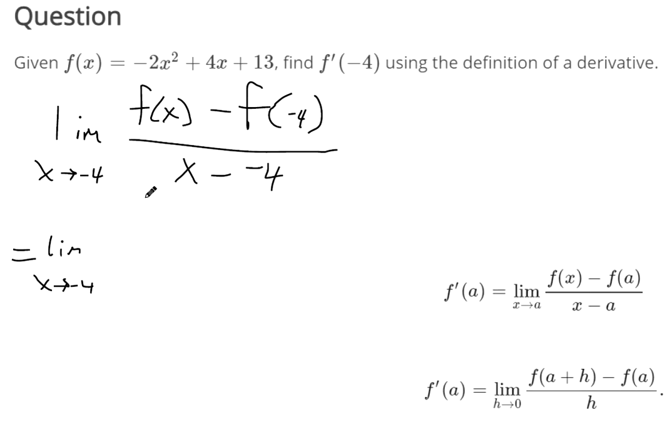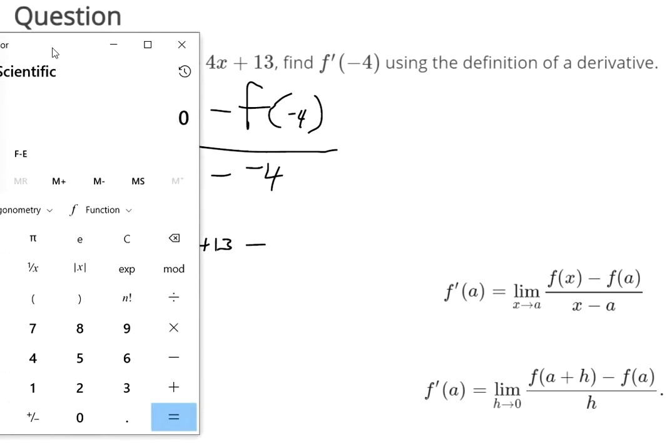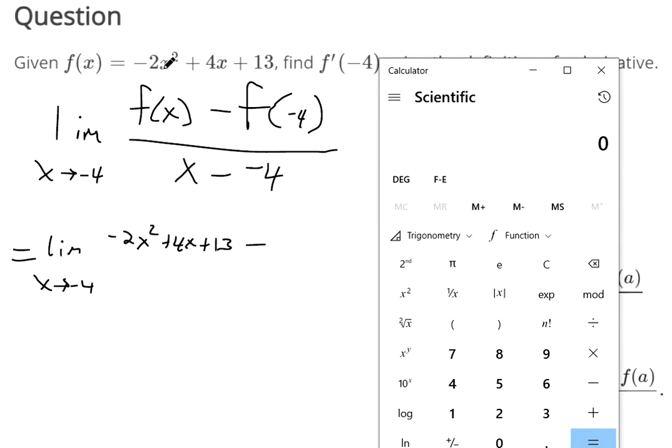So f of x, that's just -2x squared plus 4x plus 13, according to the statement up above. That's what f of x equals. And I'm supposed to subtract what happens when I plug in -4. So if you plug -4 into this function, -4 squared is 16. 16 times -2 gives us -32. And then we have -4 times 4 makes -16.